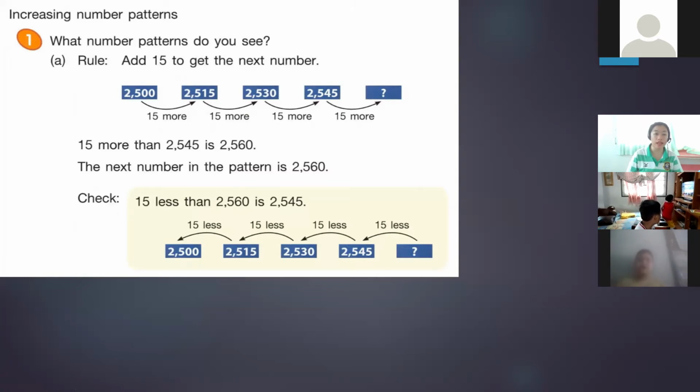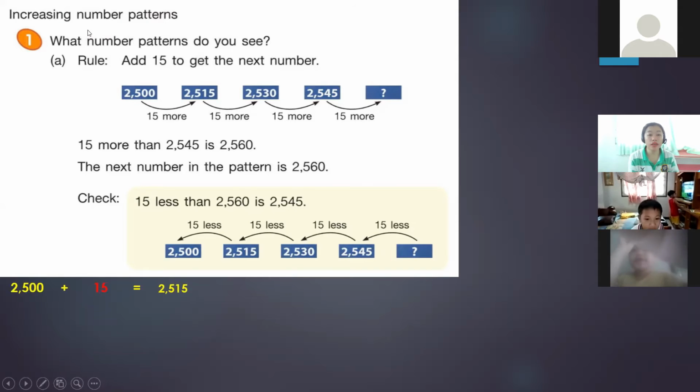We have letter A. The rule is add 15 to get the next number. So when it says add 15, we have 2,500 plus 15 is equal to 2,515.